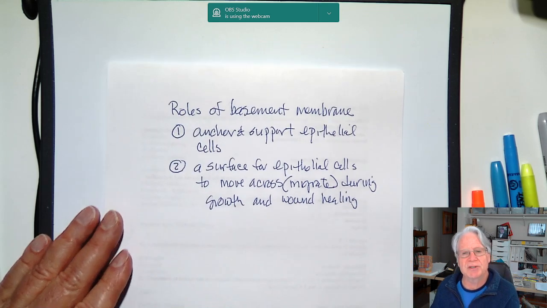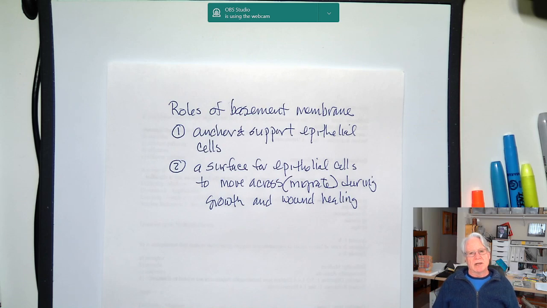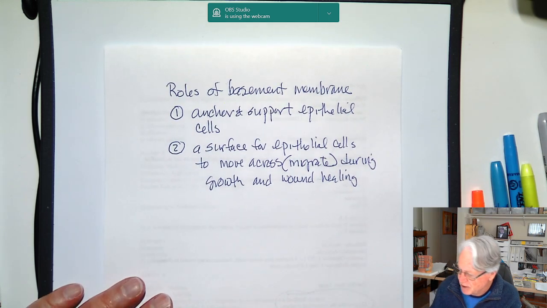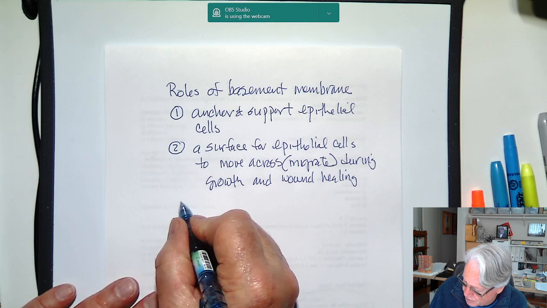So when you, for example, cut your skin, the basement membrane provides a surface for cells from the edge of that wound to move in and fill up the space of the wound. It provides a pathway for those cells to glide along or to migrate along in order to create the healing process and to grow the tissue as well.